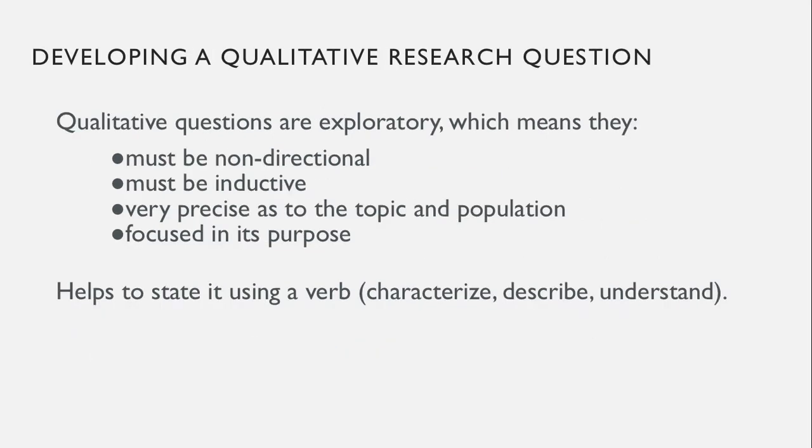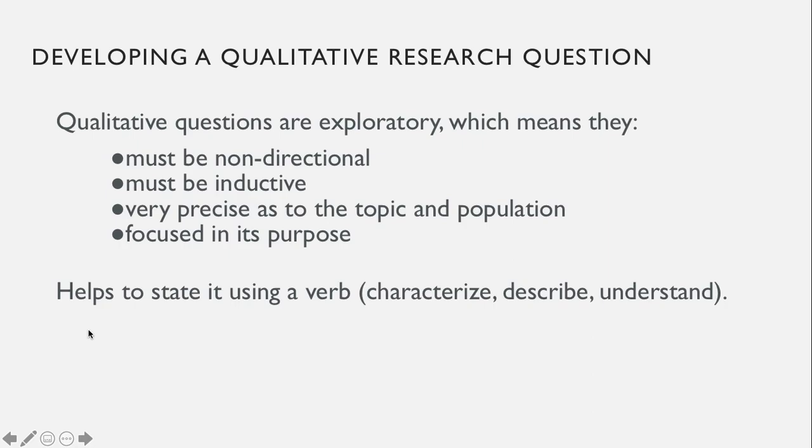Okay, so when you're developing a qualitative research question, they are very exploratory, and so here are some guidelines that should be followed when coming up with a qualitative research question. The question must be non-directional, inductive, very precise as to the topic and population, and focused in its purpose.